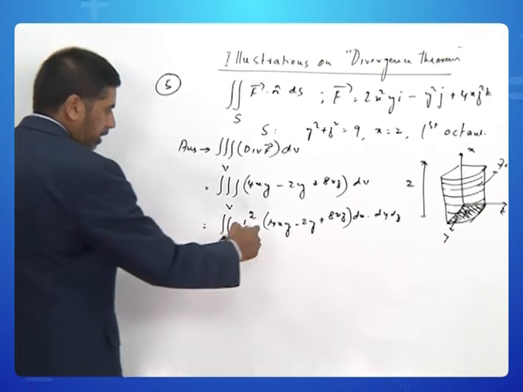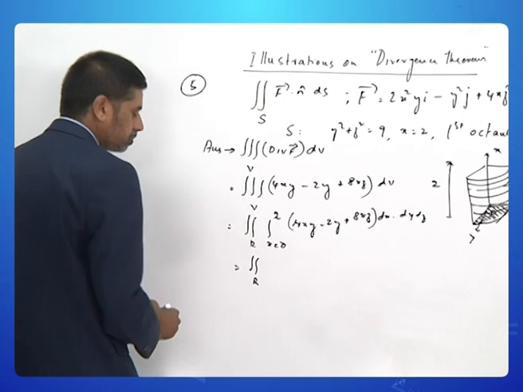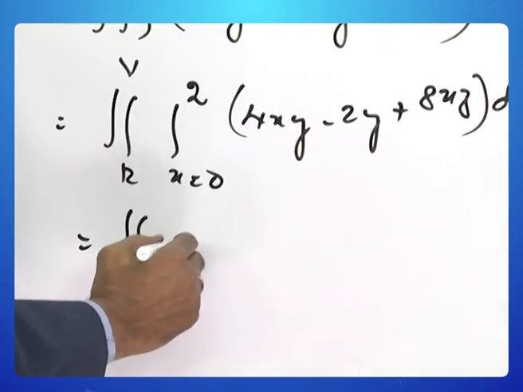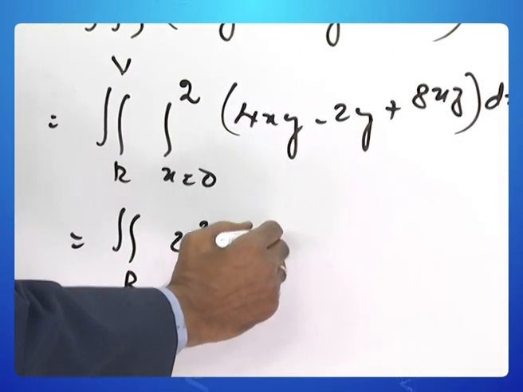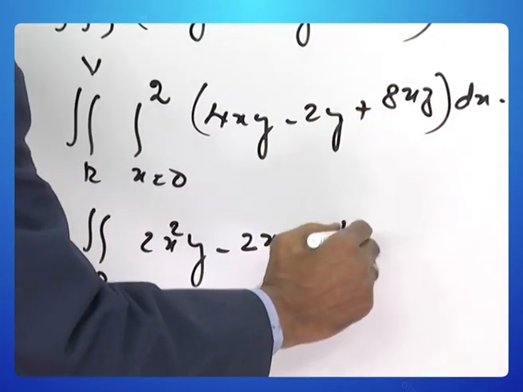So we first integrate with respect to x. Double integral, with respect to x, you will get 2x square y minus 2xy plus 4x square z.